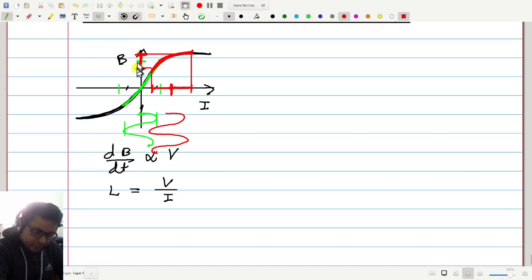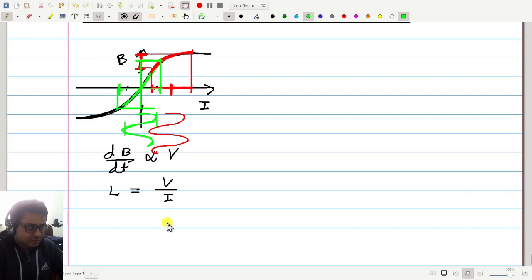Now here we see flux is changing by a smaller amount compared to the previous case. In the previous case current was varying from here to here, the same amount of current variation as the second case, but the flux variation for this is from here to here. This is the range of flux variation, which is much larger.